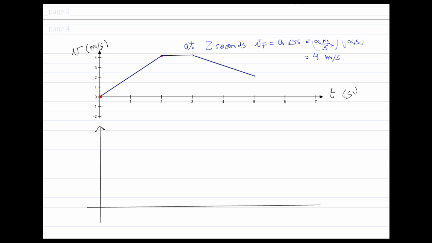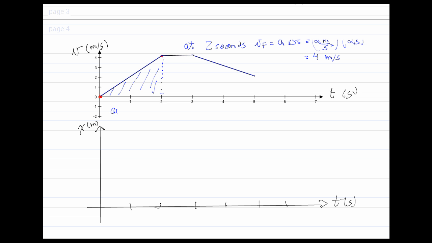The vertical is our position in meters, and our horizontal is time in seconds. Alright, we have 1, 2, 3, 4, 5, 6. Okay, so in the first 2 seconds, if we want to figure out the change in position, we look at the area under our curve. Now this is the area of this triangle here.